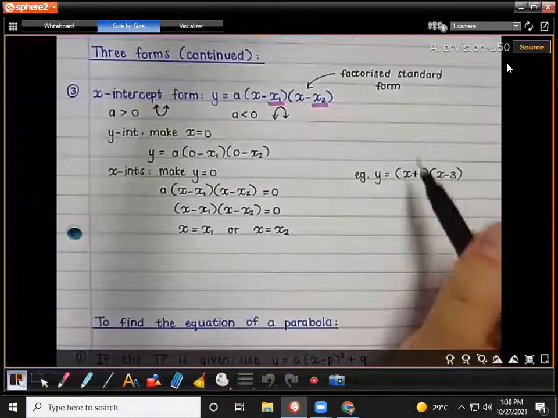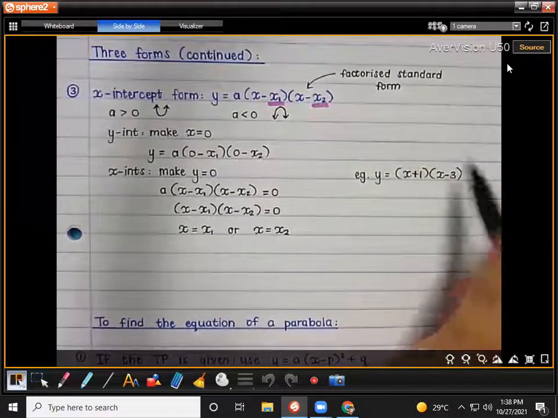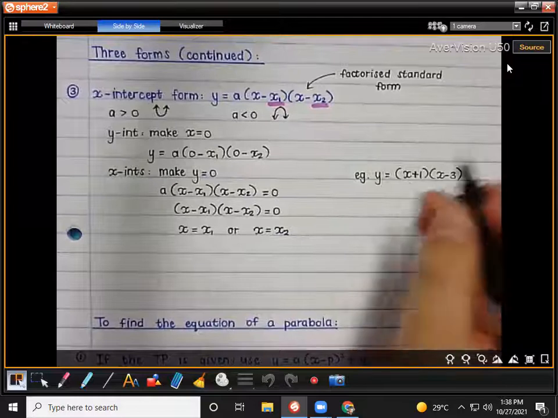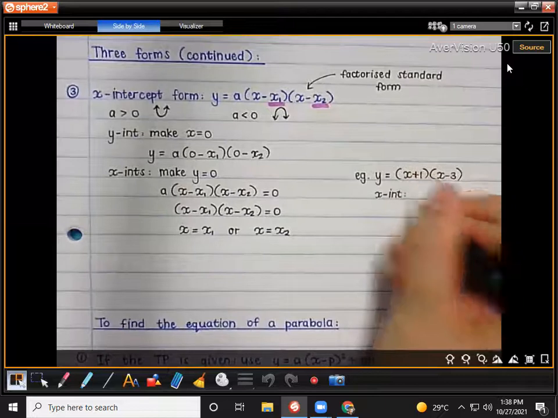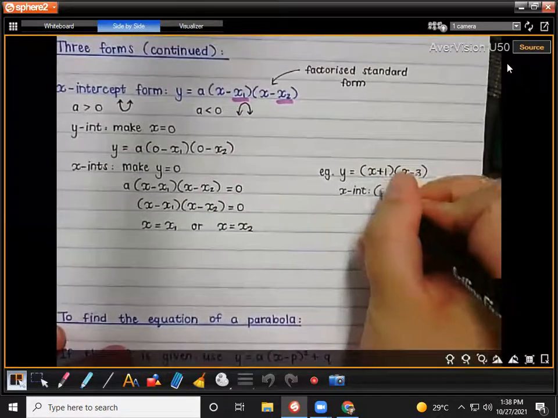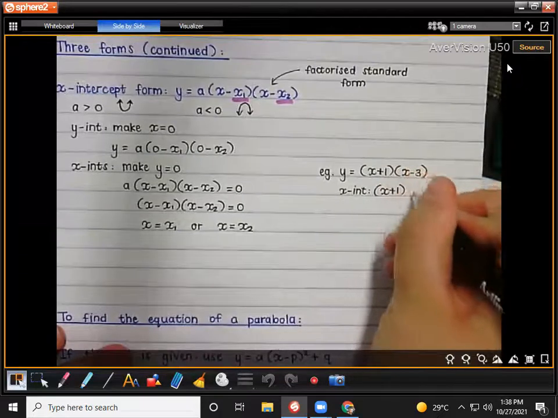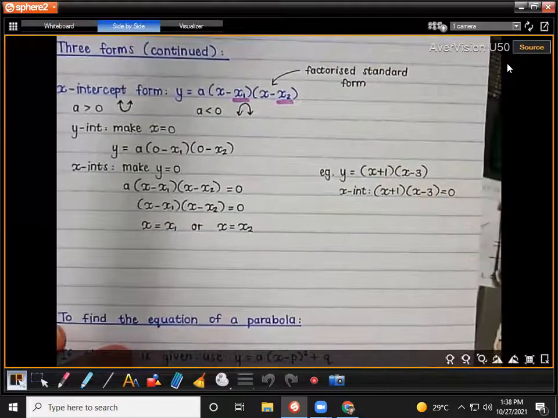Now we don't have to do that, because we can hopefully recognize that this would be x squared, so this would be a parabola. If you were to find your x-intercepts here, you would say I need to make y equal to 0. So I'm going to have (x + 1)(x - 3) equal to 0.